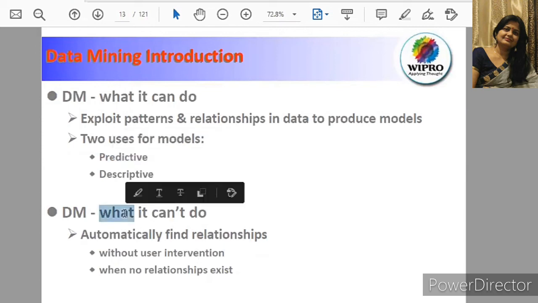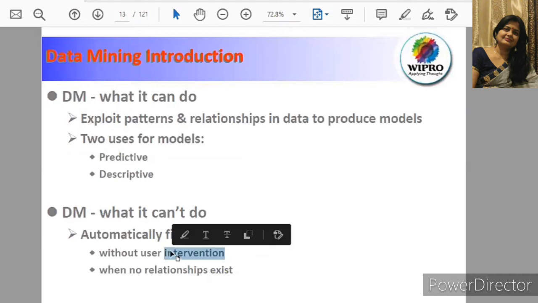And what it can't do: it can't automatically find relationships without user intervention. So data mining cannot be done without user intervention. You need to have historical data, from the user of the past, or maybe from current trends also from the user. You cannot, on your own, just identify relationships.